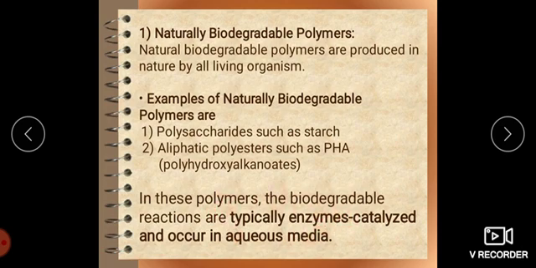These polymers have hydrolyzable linkages, such as protein, cellulose and starch, and generally undergo biodegradation by enzyme catalysis.